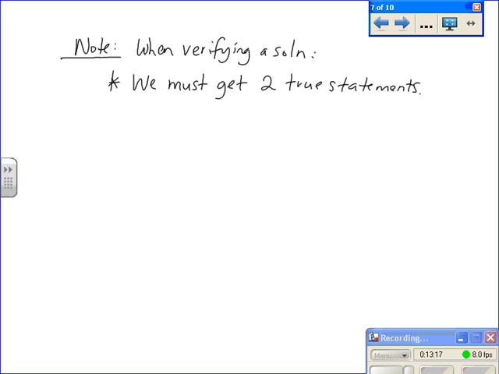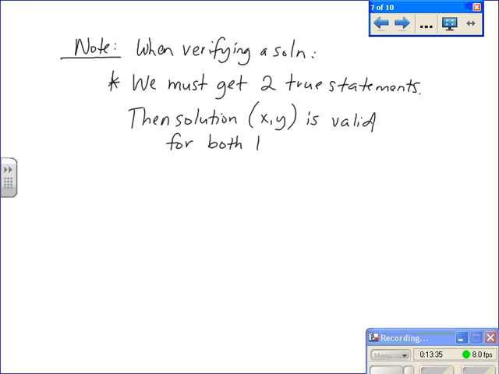If that is true, then the solution, which is your point, is valid for both lines. In other words, it's a valid solution for the system. They don't have to be exactly the same statement; 1 equals 1 is just a coincidence, but they both have to be true statements.